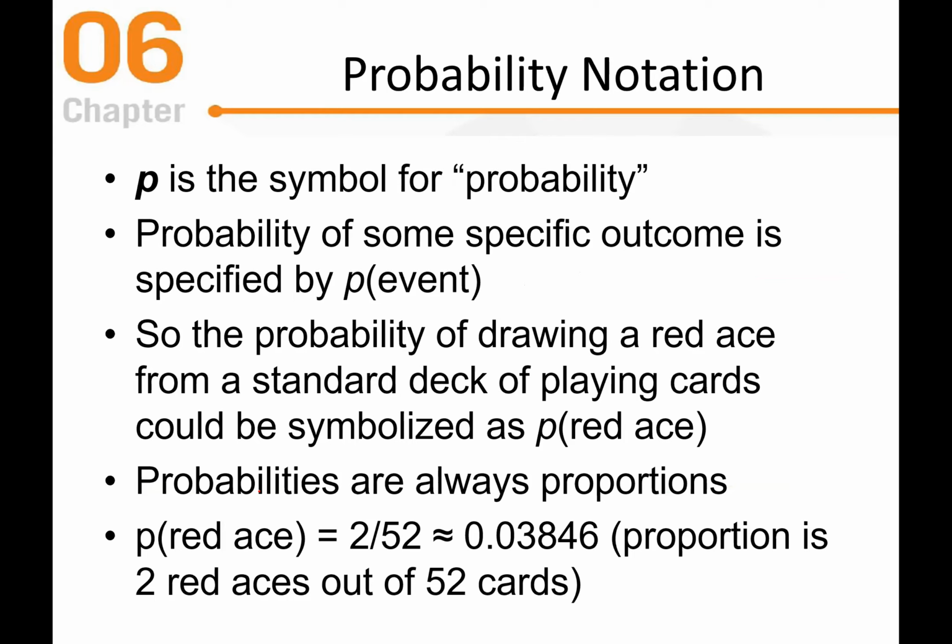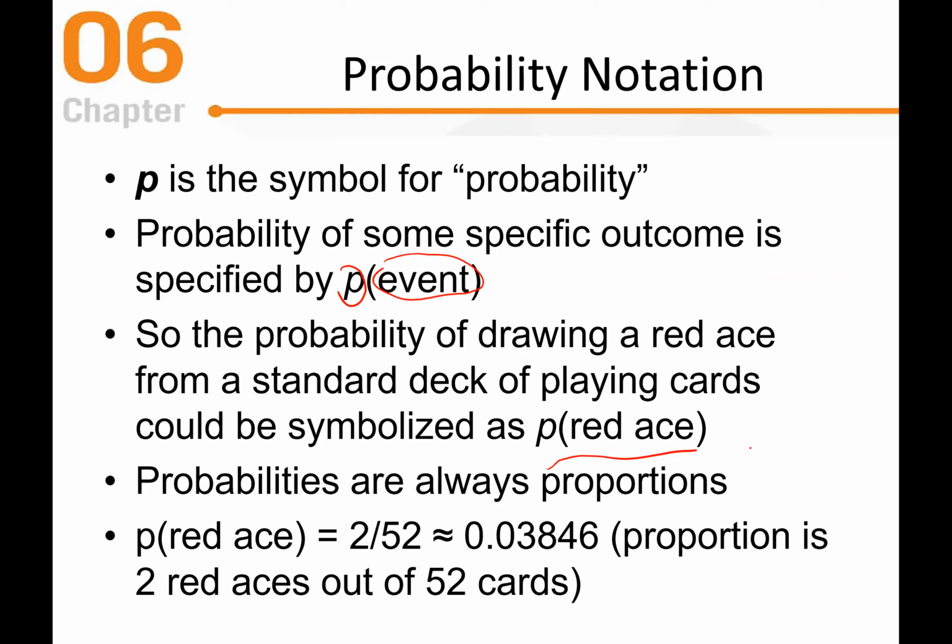The probability of some specific event is specified by the notation p, and in parentheses, the actual event. So the probability of drawing a red ace from a standard deck of playing cards could be symbolized as p, and in parentheses, red ace.